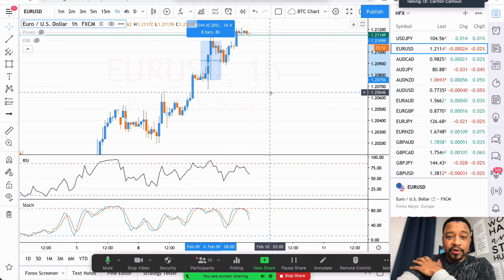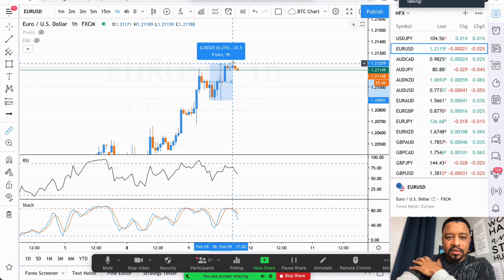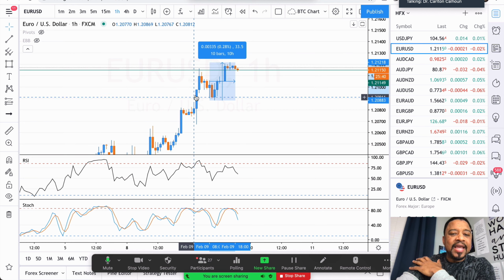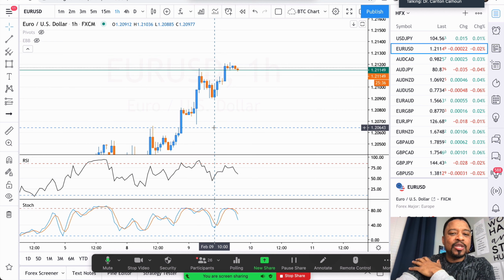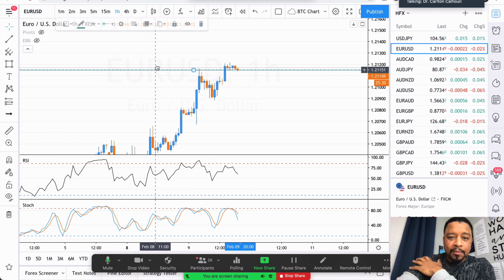That's about 35 pips. Watch this. It's almost 35 pips. So if it moves the same length and then pulls back, guess what I'll do? Mark it. I'll use this line.